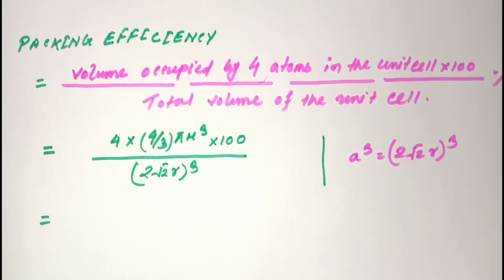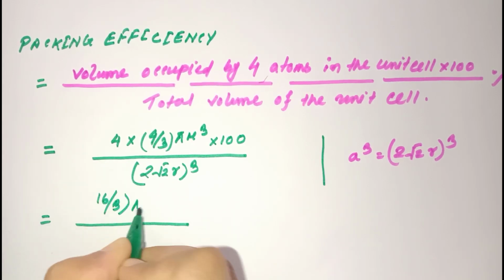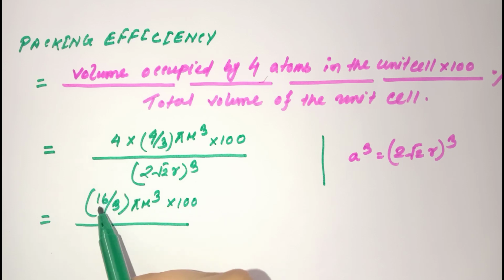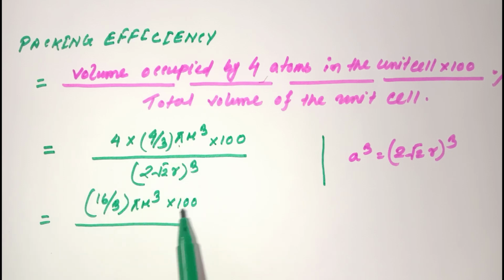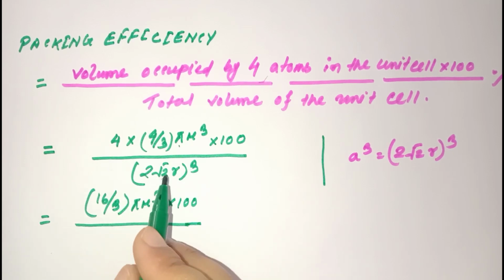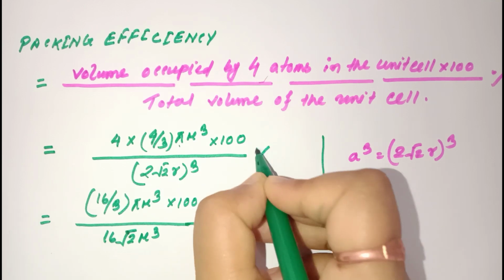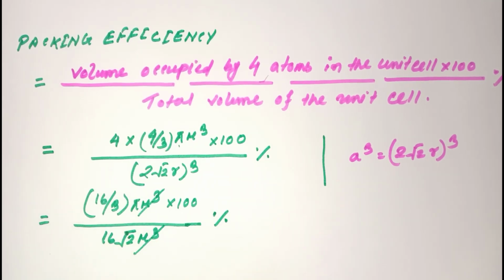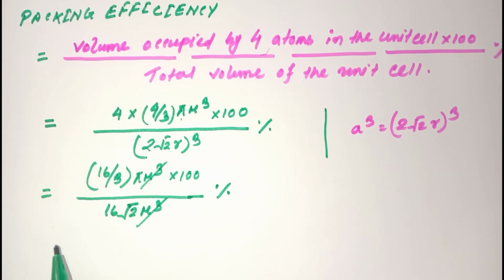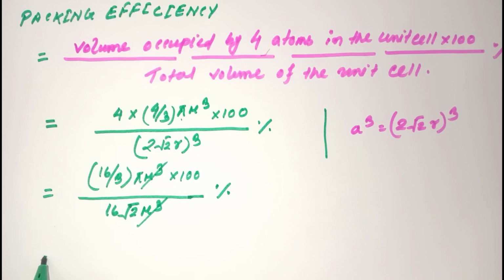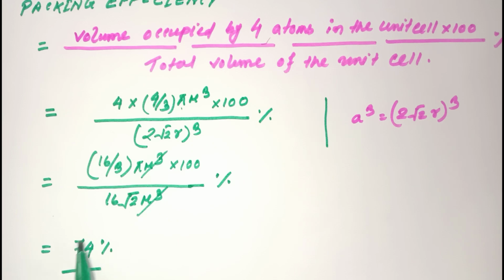That is equal to 4 into 4, 16 by 3 pi r cube into 100 per 16 root 2 r cube. r cube cancels, and after calculating this we found the value as 74%. This is the value of packing fraction in a face-centered cubic unit cell.